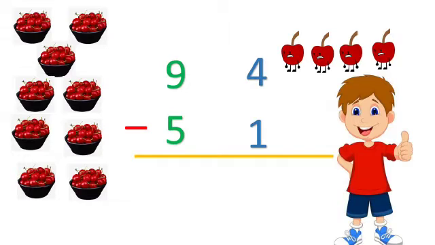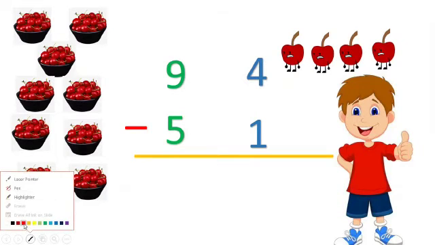First, we have to subtract 51 from 94. This sign for subtracting means minus, okay? Now, first we have to start from the ones.